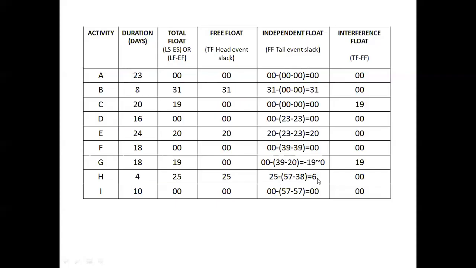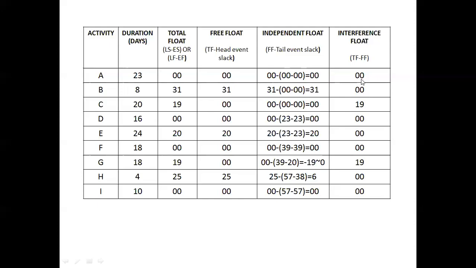So 6 means the activity H can start with a 6 minute delay, which will not affect the floats of the preceding or previous activities. Like that I have calculated the independent float.